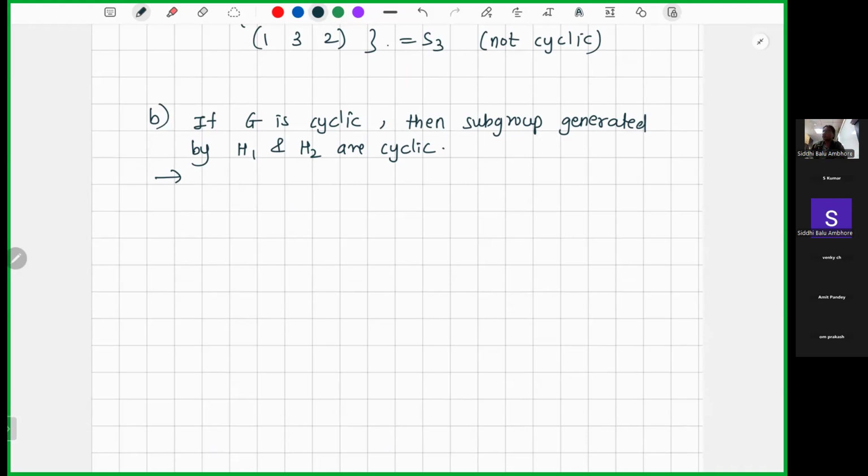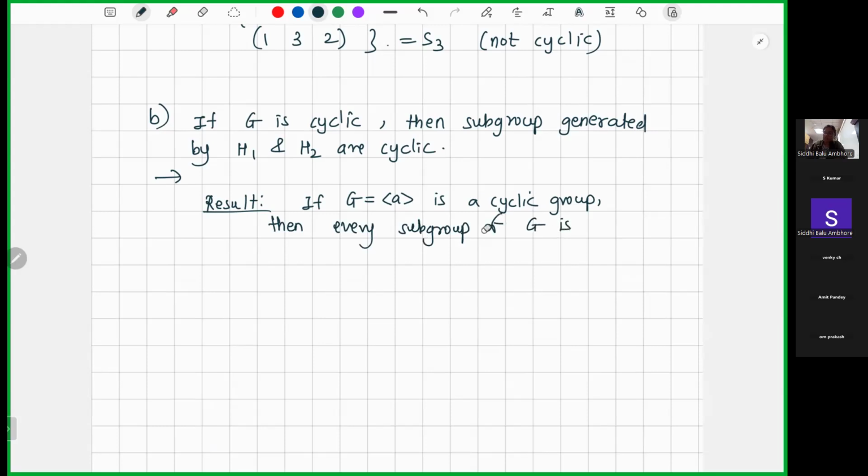So we'll prove this result, that if G is a cyclic group, then every subgroup H of G is cyclic.